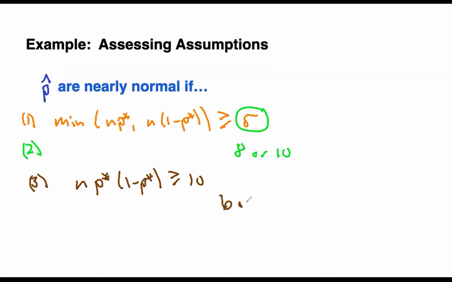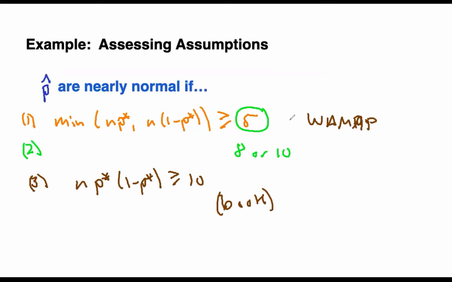Then it says that you've got a nearly normal distribution. This is a fairly stringent criteria to meet. WAMAP usually uses this criteria.